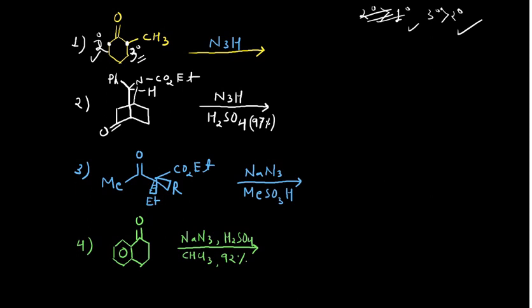So you will insert the NH group between the carbonyl and the tertiary carbon because this will migrate. There is no need to draw the mechanism, this is the trick actually, right?